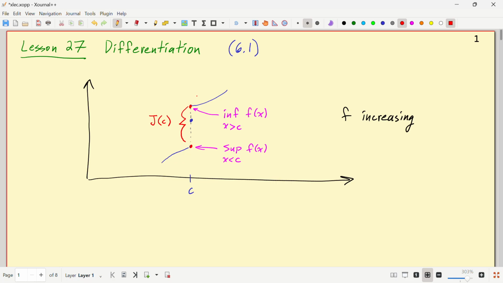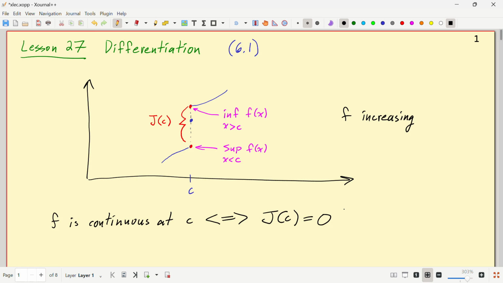Okay, and so remember the fact from last time is that little f is continuous at c if and only if that jump is 0, meaning the sup is equal to the inf. That's the fact from last time.